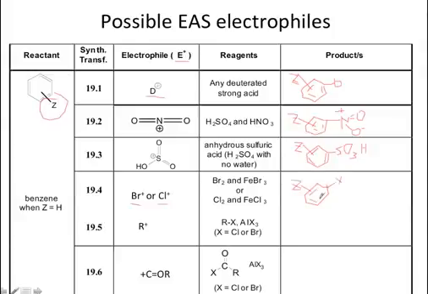And finally, there are two ways to put carbon directly onto a benzene ring through electrophilic aromatic substitution. These are the so-called Friedel-Crafts reactions, in which your electrophile is either an alkyl group, R+, an alkyl cation, or an acyl cation, C double bond O, with a plus on the carbon.